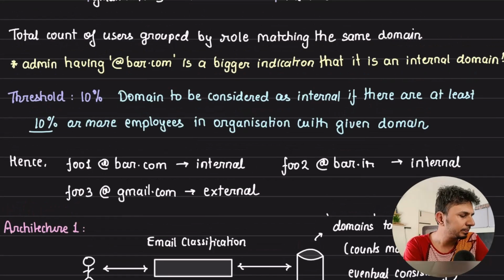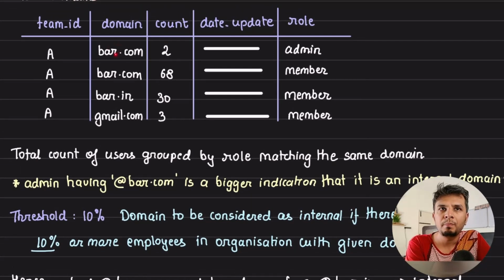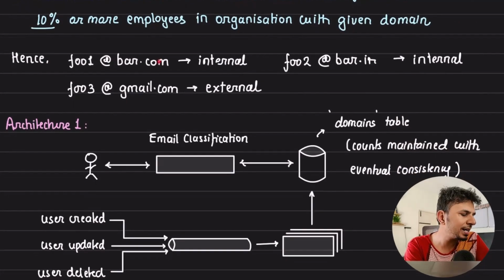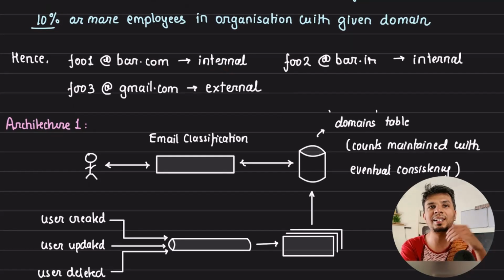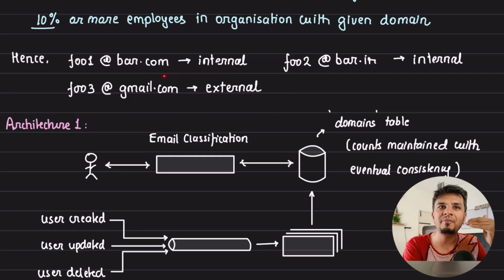So given this distribution, bar.com admin 2, bar.com member 68 people, bar.in member 30 people, and gmail.com member 3 people, if I want to classify foo1@bar.com, it would be an internal classification because there are 68 people with bar.com.